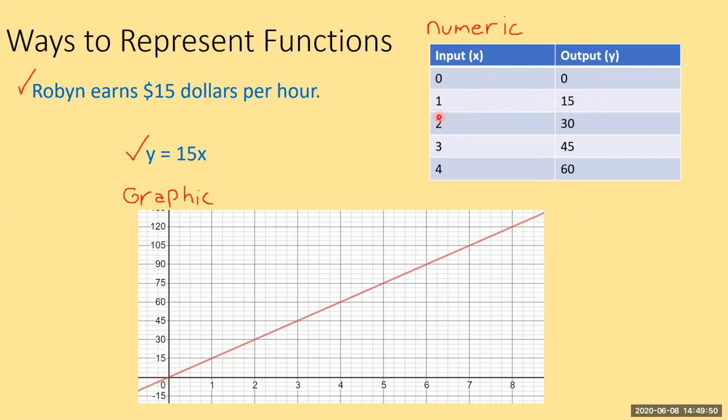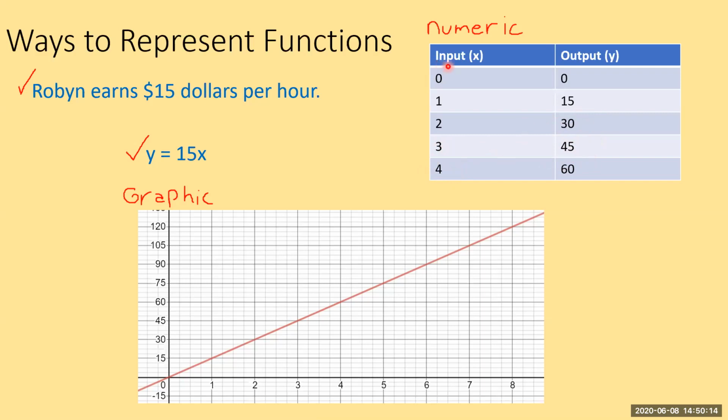If she works for 2 hours, 2 hours at $15 an hour, her output or her resulting earnings is going to be $30. She works for 3 hours, right? 3 hours times $15 an hour would be $45 for her earnings or her output. And then if she works for 4 hours, she'll make $60.